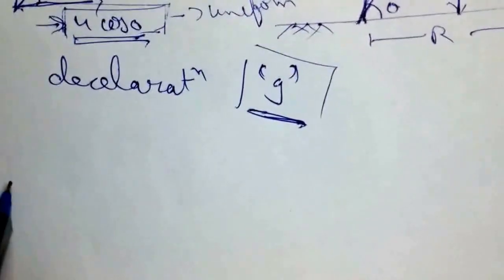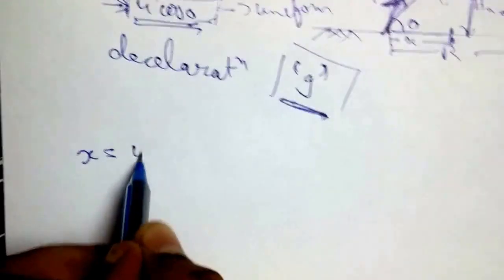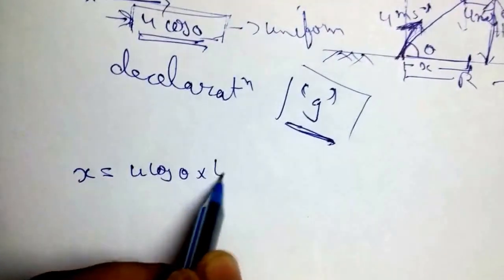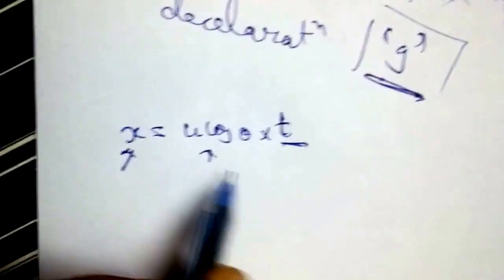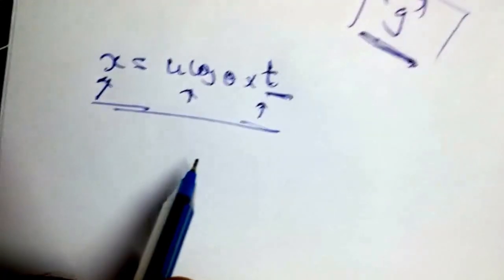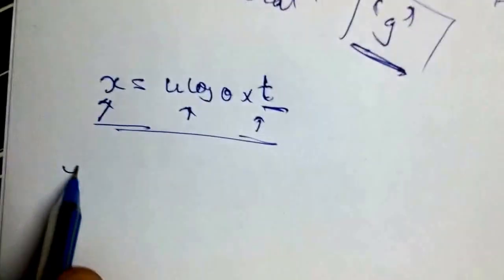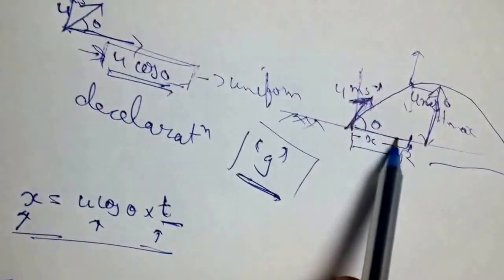So now, if my horizontal velocity is remaining constant, at any time the distance x covered by the ball in horizontal direction is x equals u cos theta multiplied by time t taken to reach that position. This is simply distance equals speed multiplied by time, the equation of uniform motion. Now in y direction, suppose I need to find the distance covered by the object at any instant.